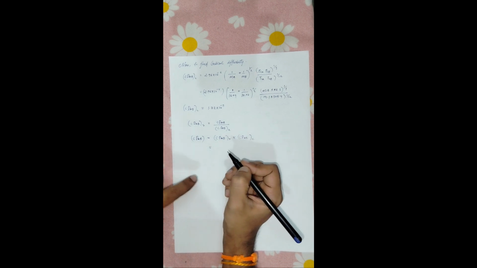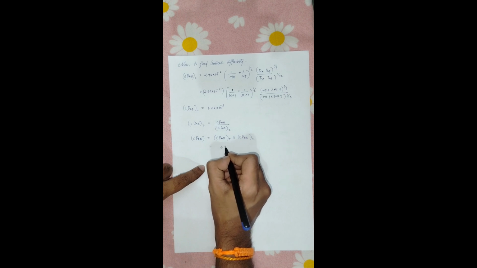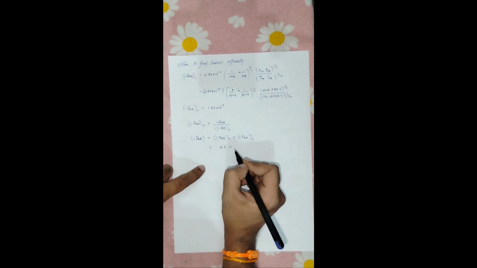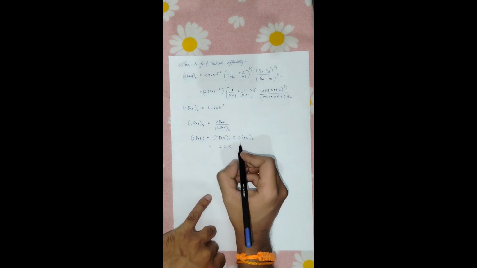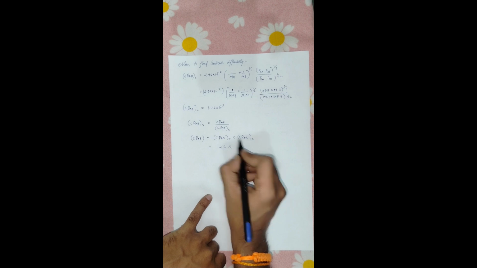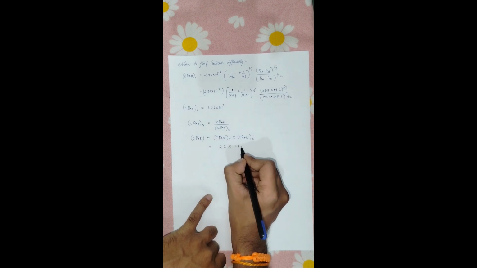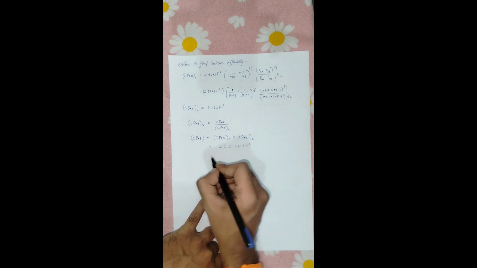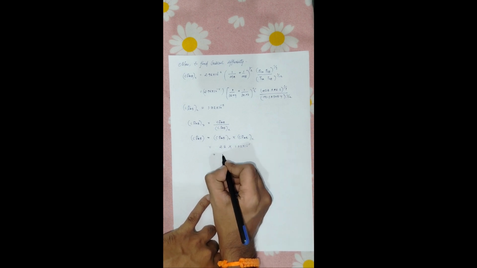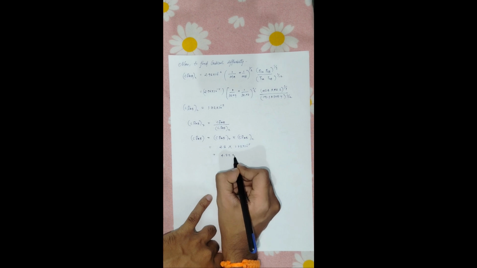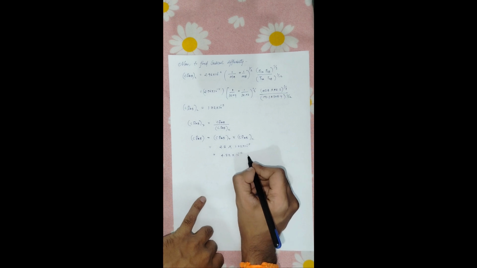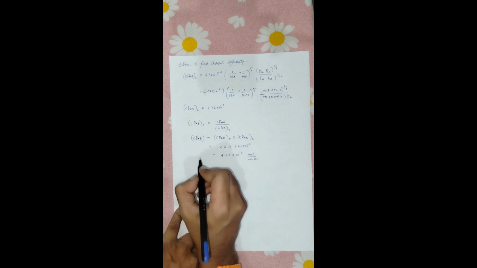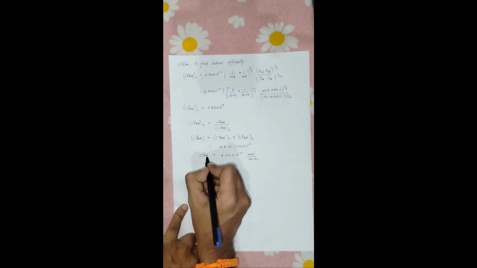This is 2.8 from the graph, and the critical value we have got here is 1.72 into 10 to the power minus 5. After multiplying, we'll get this value as 4.82 into 10 to the power minus 5. And what are the units? Mole per centimeter second. So we have got this as CDAB.